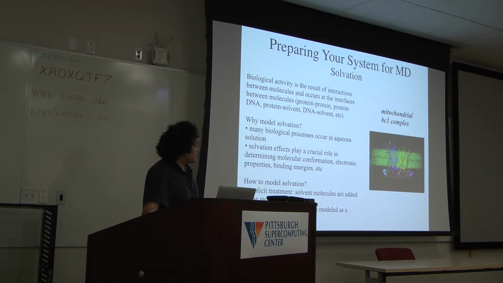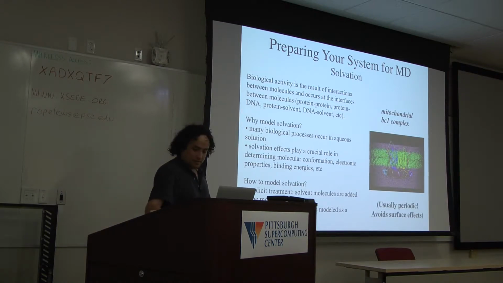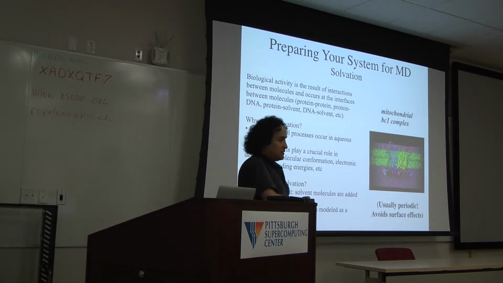It becomes even more problematic when you have a lipid membrane. Who has worked with a lipid membrane in a simulation? How do you guys normally generate the lipid membrane? CHARMM-GUI, right? Or just use the VMD membrane builder. The membrane builder. CHARMM-GUI is better.